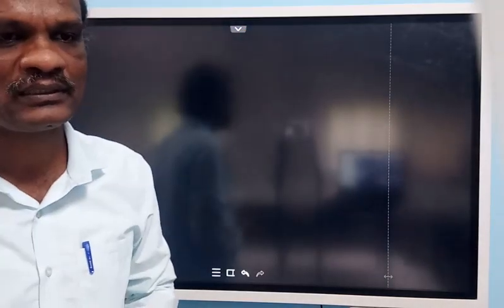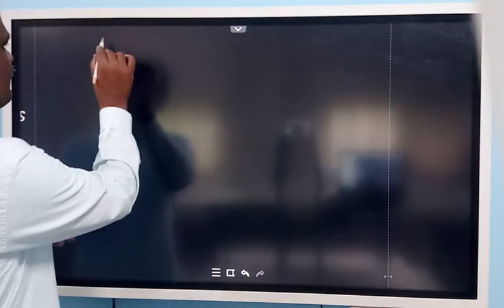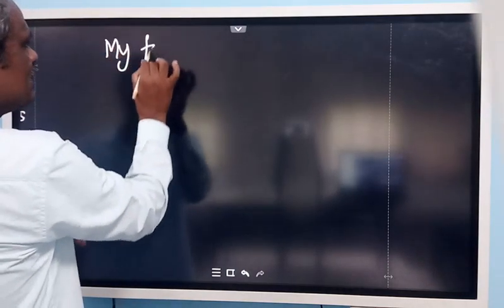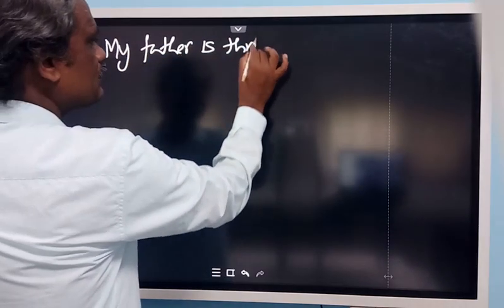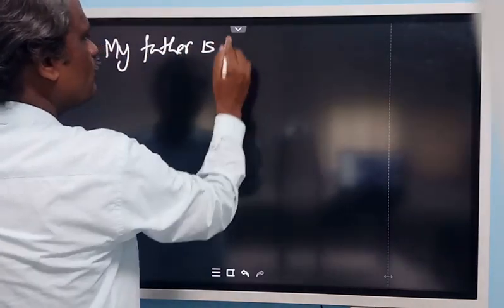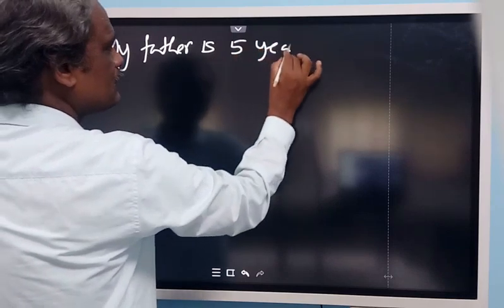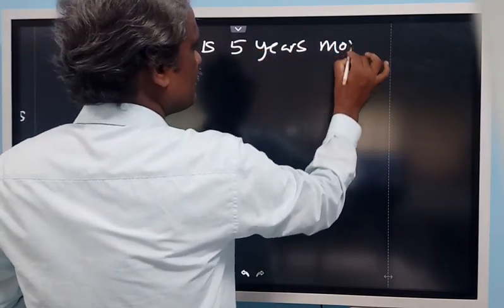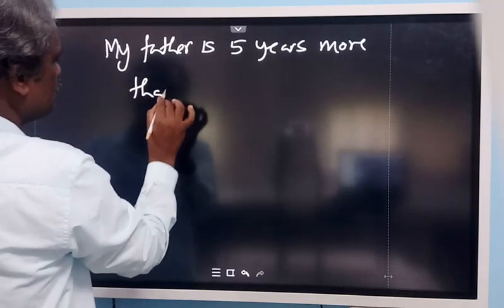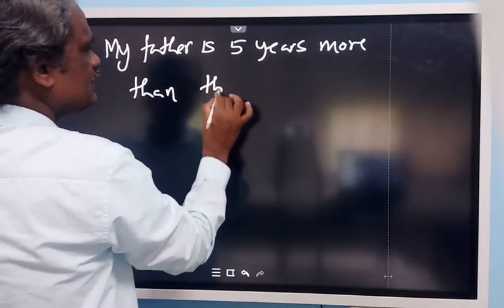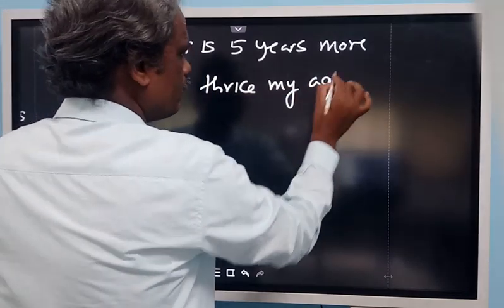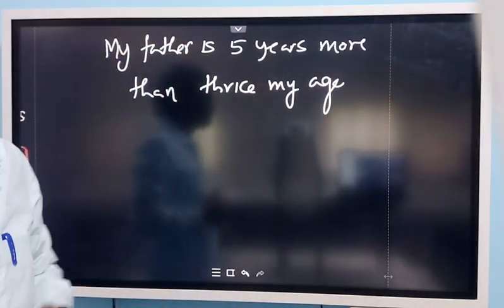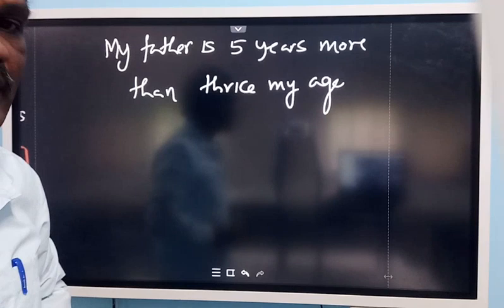I will give you an example of how the expression depends on the variables. My father is 5 years more than thrice my age.